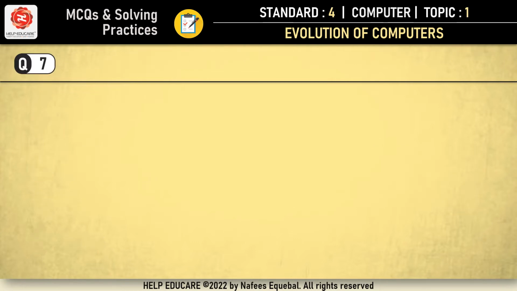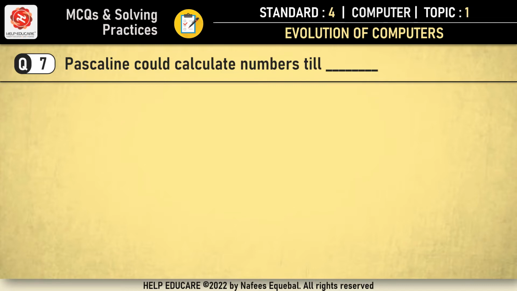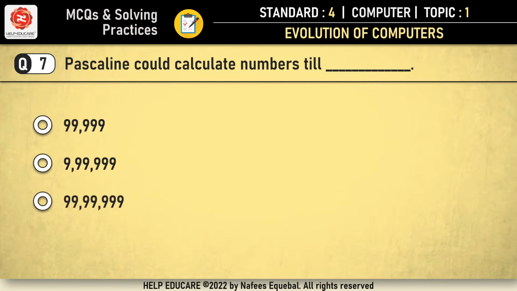Question number 7. Pascaline could calculate numbers till dash. First option, 99,999. Second option, 9,99,999. Third option, 99,99,999. Fourth option, 9,99,99,999.